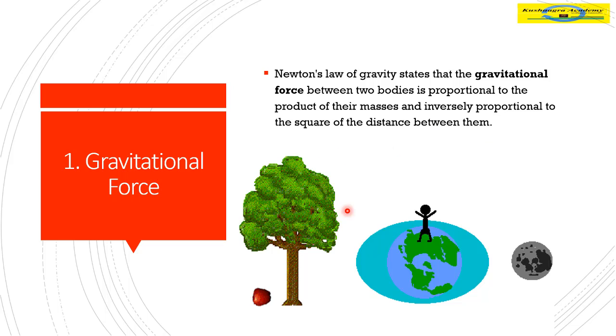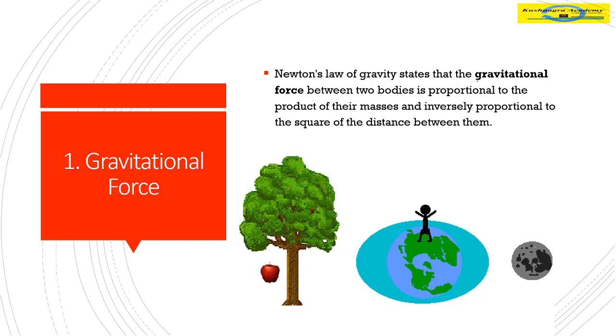These are the examples: an apple falling from trees, us not falling off from Earth, not going to a different planet, water staying on Earth. These are all examples of gravitational force, which is a contactless force.